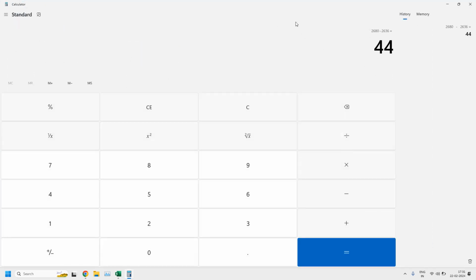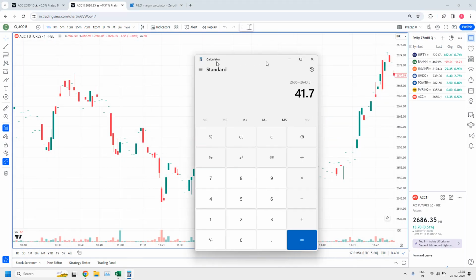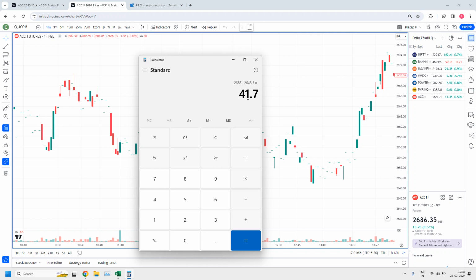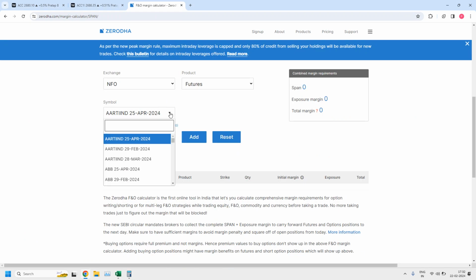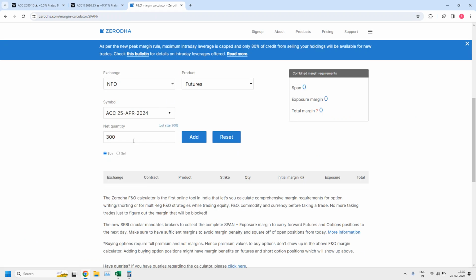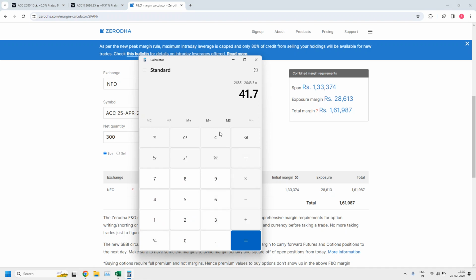Okay, this is the futures. So this is our actual profit. So how much profit did we get in ACC? So go to margin. Let me reset. You got 300, the net quantity.